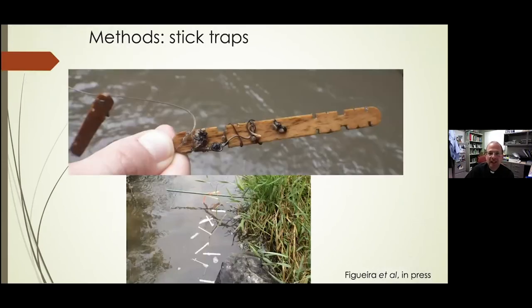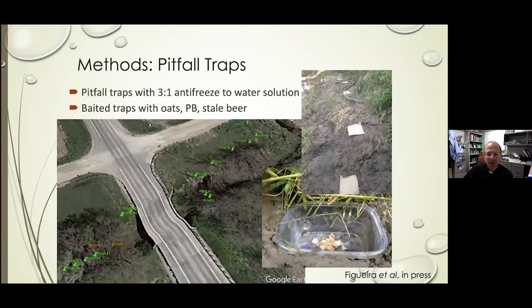Here you can see this is a little popsicle stick, actually an art stick you can buy at a craft store, and you can see the adult worm on the popsicle stick here. Then we just strung them together on fishing wire, tied it to a stake, and put it in the creek. So it wasn't highly successful. There's one worm that we got on there, but for the most part, we didn't get a whole lot.